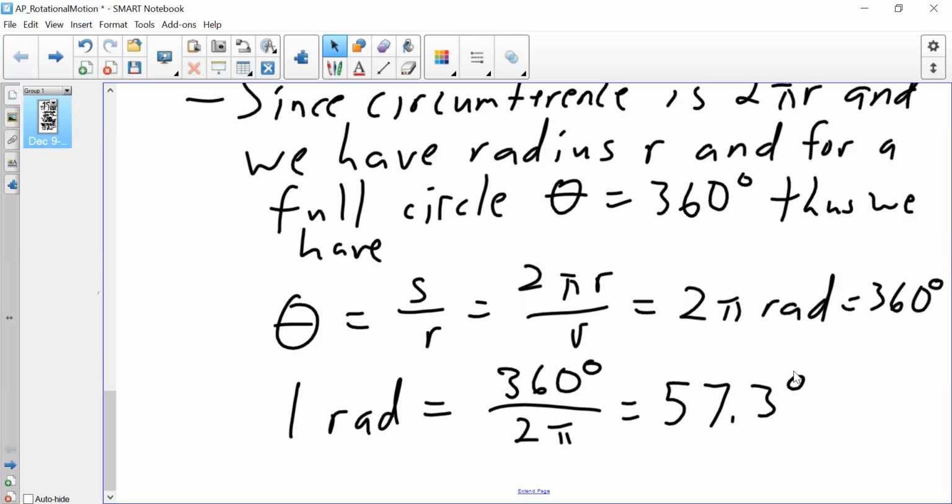That is the angular equivalent of the unitless radian. 57.3 degrees, 1 radian. If we take 360 divided by that, we get 6.28 radians, which is 2 pi radians. So that's where we get that logic.